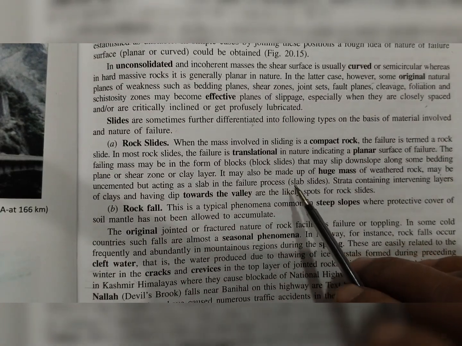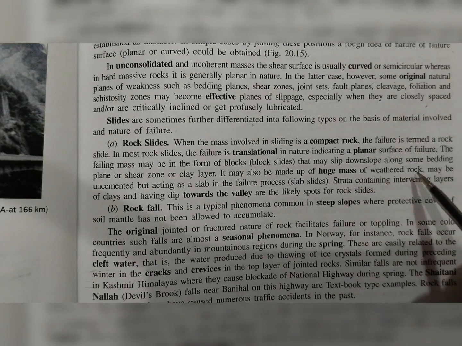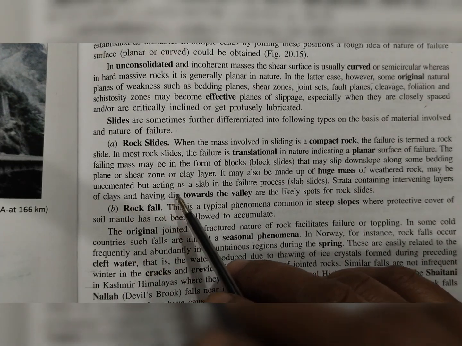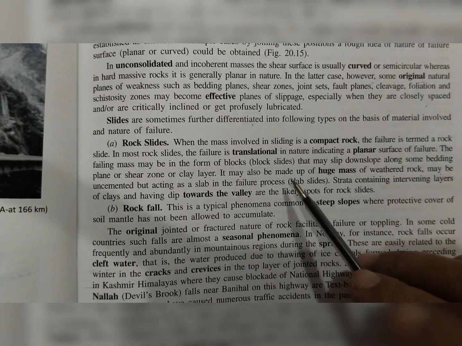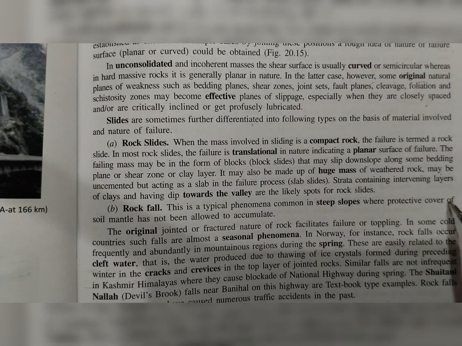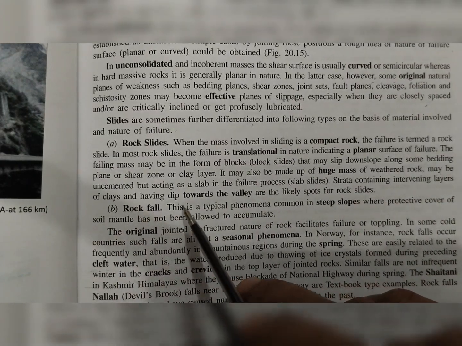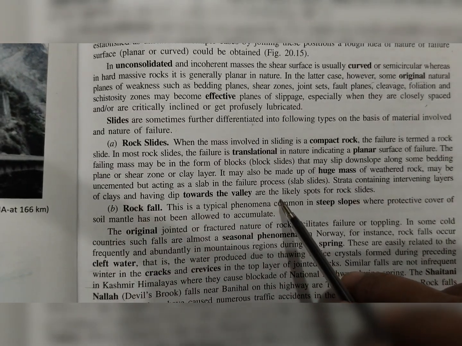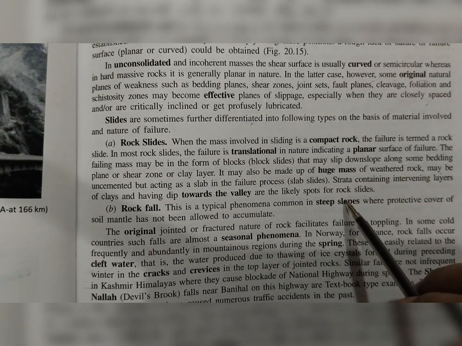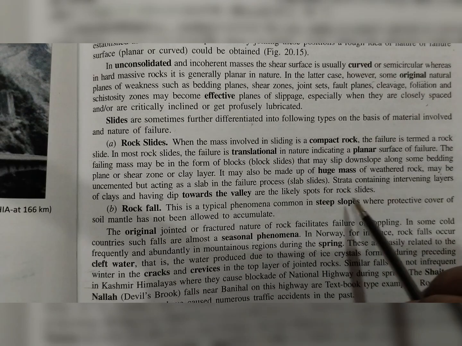It may also be made up of a huge mass of weathered rock, maybe uncemented but acting as slabs in the failure process. Slab slides, and strata containing intervening layers of clay and dipping towards the valleys, are the likely spots for rock slides.